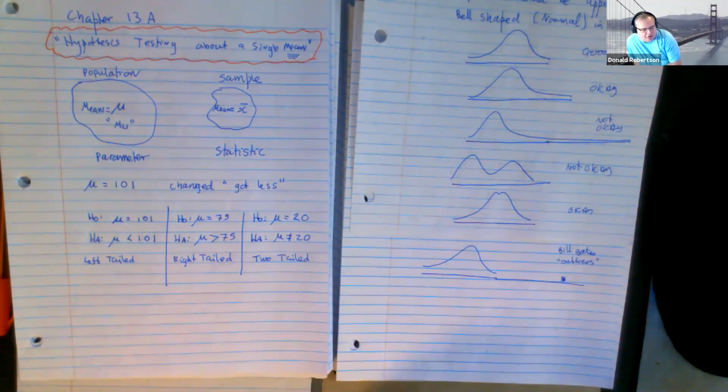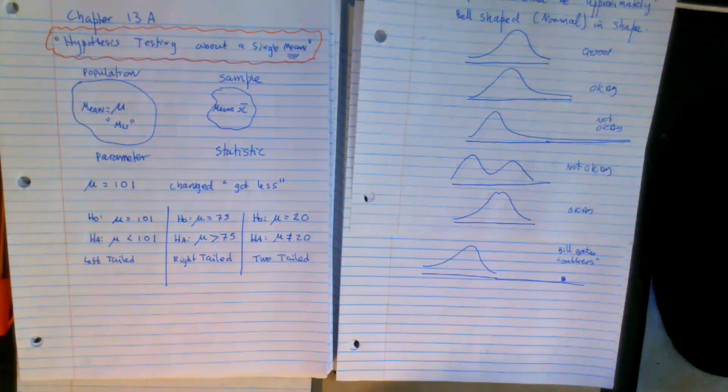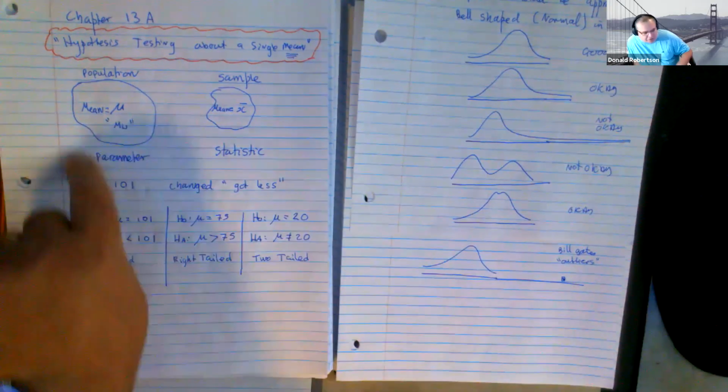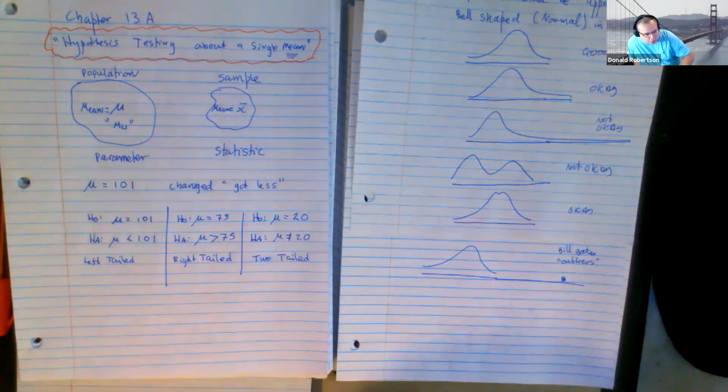What does a Bill Gates outlier do to the mean? Doesn't it make it huge, much bigger than it should be? And if you make the mean much bigger than it should be, can you see that the way we calculated this, isn't that going to disrupt the whole calculation?